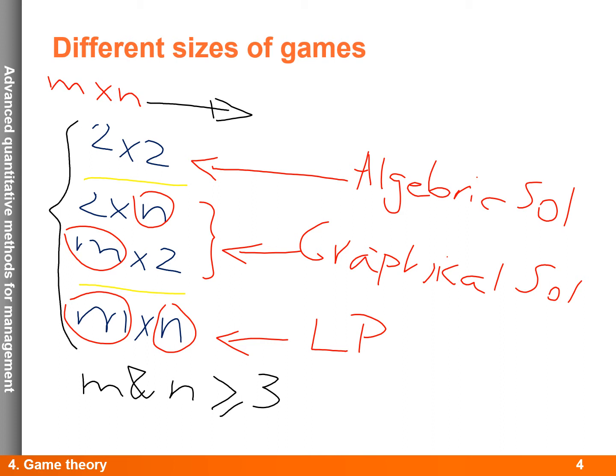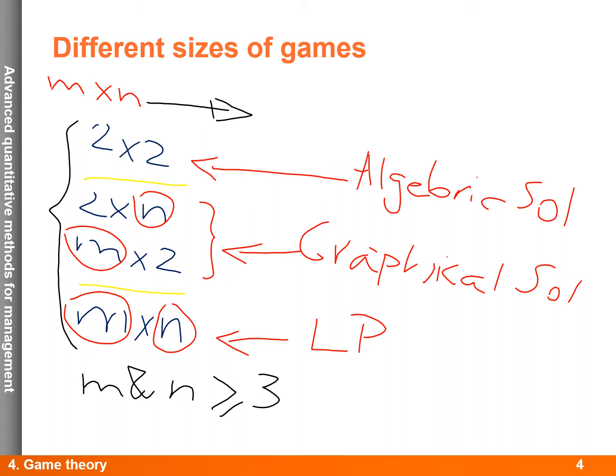So when I say, for example, a game with a size of 2 multiplied by 5, okay, as you see here, the form is solved by graphical solution.